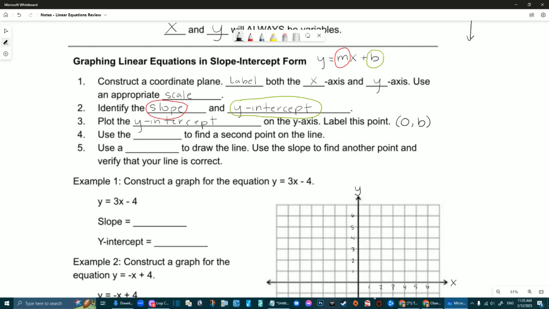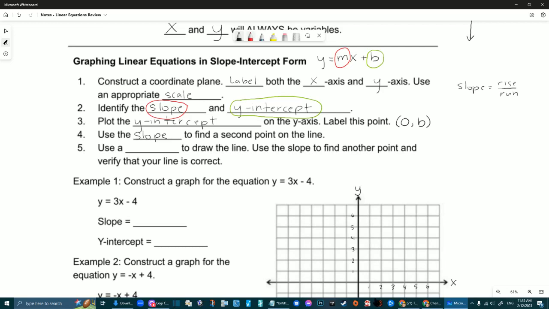The next step is to use the slope to find the second point on the line. So remember from our last video, slope is rise over run.